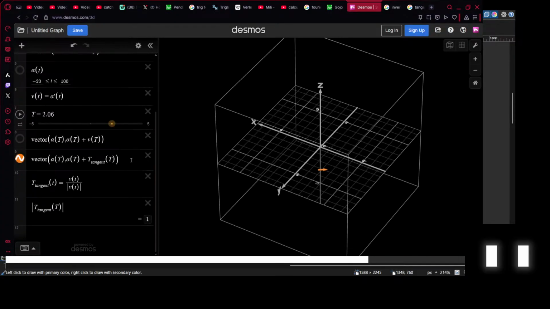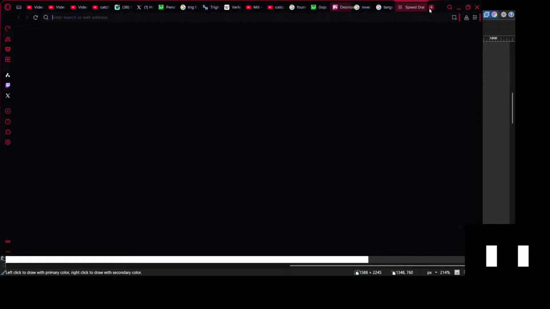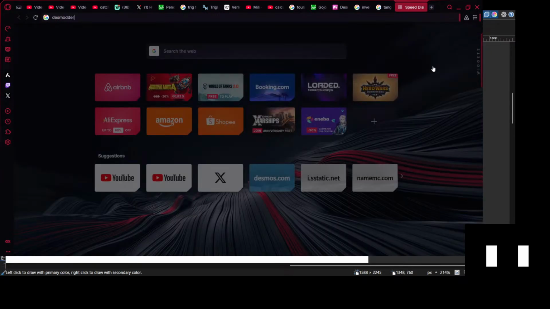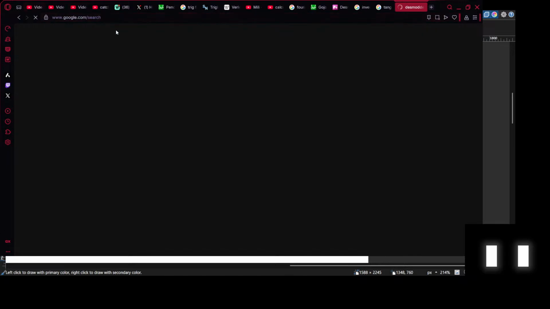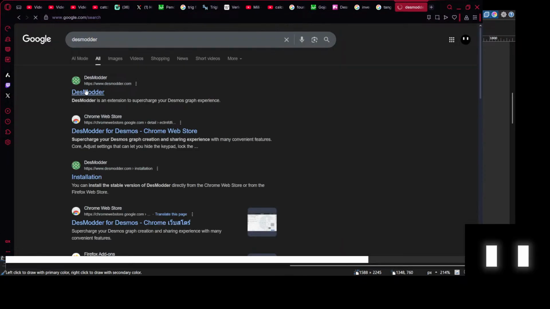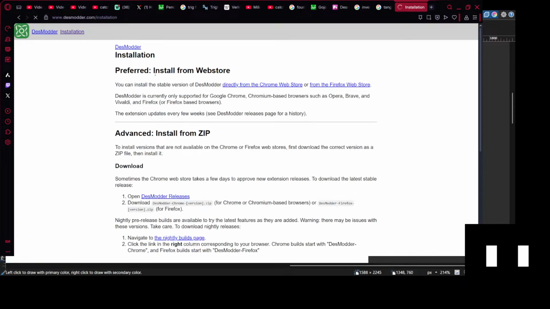So now I can define that. Can I use kappa here? No, I can't. I do not have Desmodder installed. Desmodder for Opera GX. Let me install it real quick. How do I install it for Opera GX again?